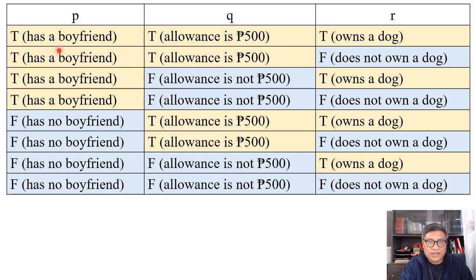So we can have has a boyfriend, allowance is 500, owns a dog. If you're going to negate it, then you just say has no boyfriend, or allowance is not 500, then does not own a dog. And this will guide us on the possible combinations later on. So it depends on what connectives we are using.